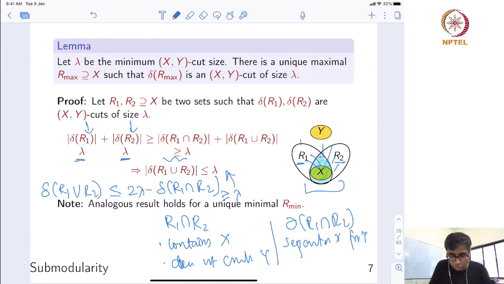So if some set R is maximal with respect to set inclusion for minimum cardinality lambda, then there is a unique such set. That's all that this theorem proves.